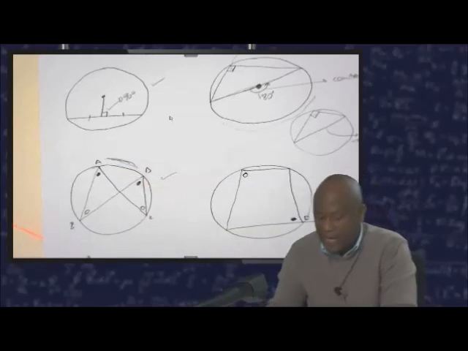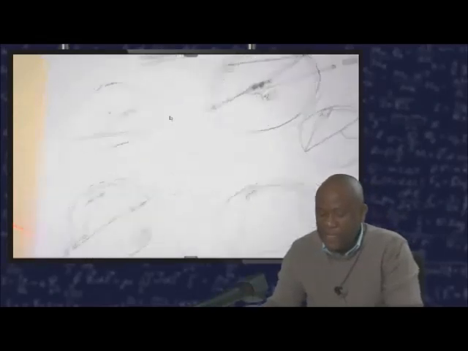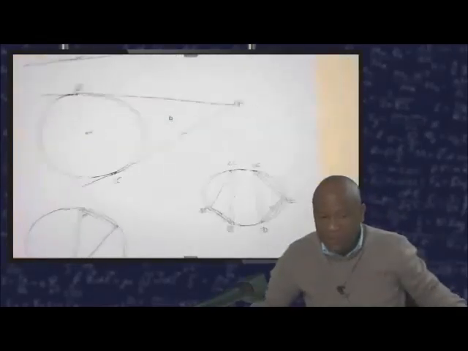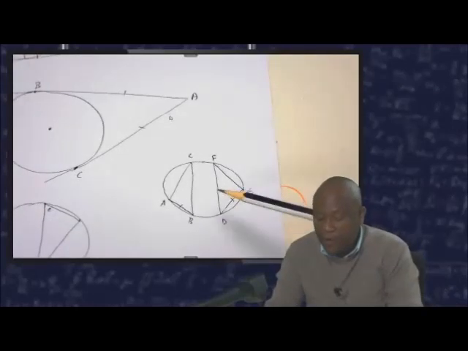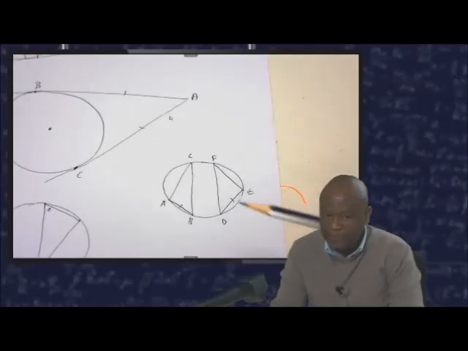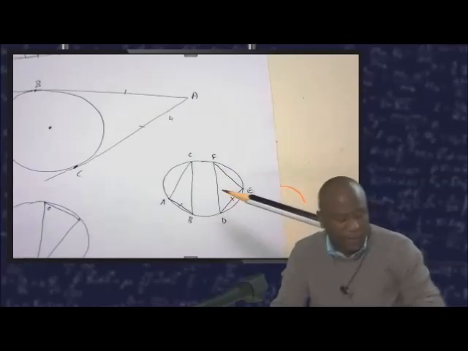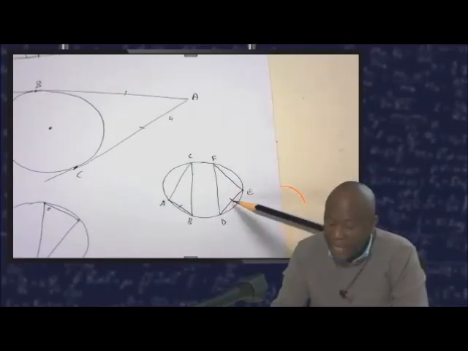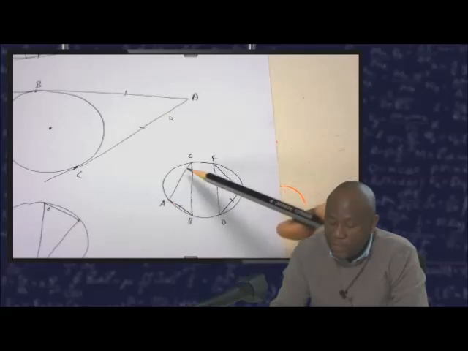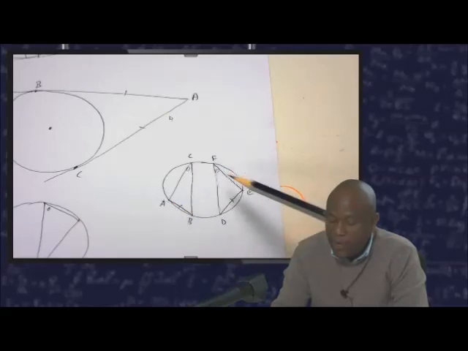Related to those two theorems, be aware of this other theorem, a corollary based on what we have learned. It says angles subtended by equal chords are equal. This chord is equal to that chord, so these two angles will be equal.